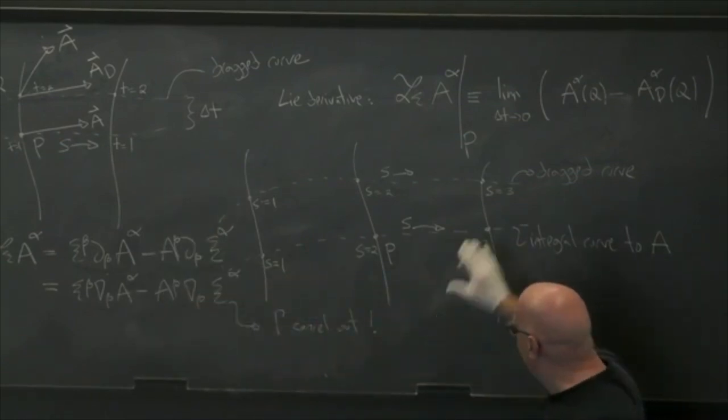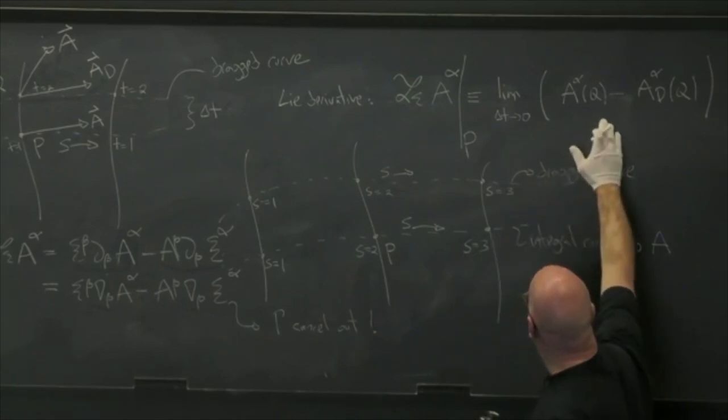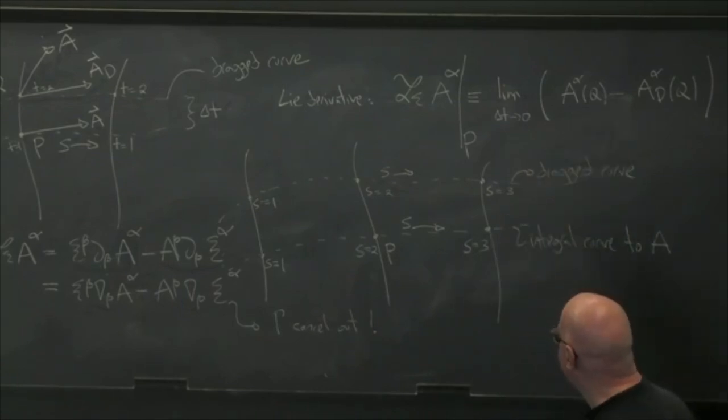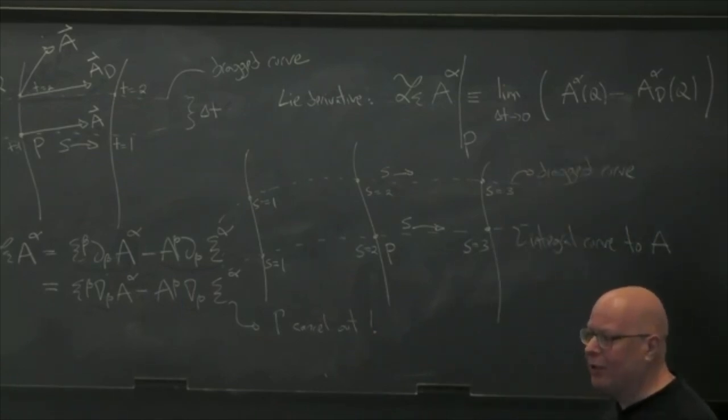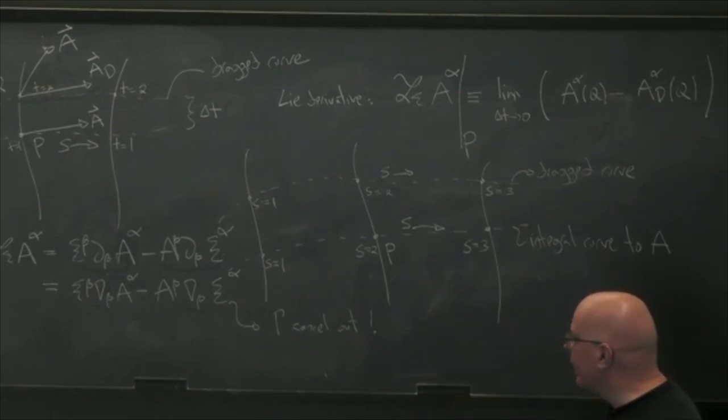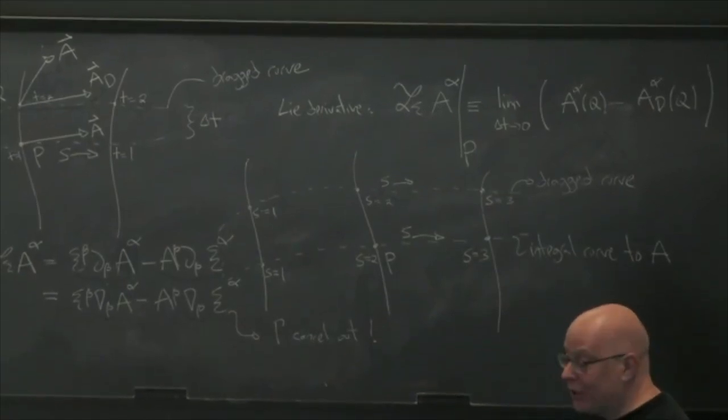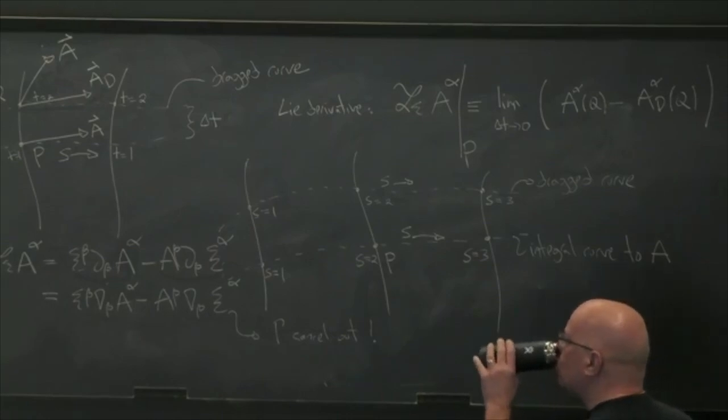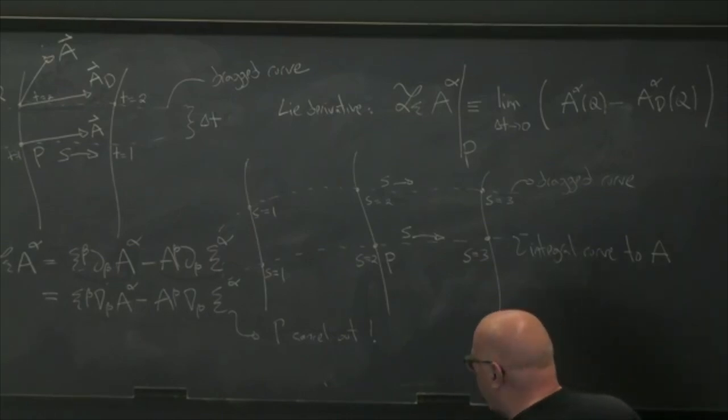And that comes from the fact that it really satisfies this definition, which is defined in terms of proper geometrical operations. We're not subtracting vectors that are defined at different points in a manifold. Okay, so that's one thing.